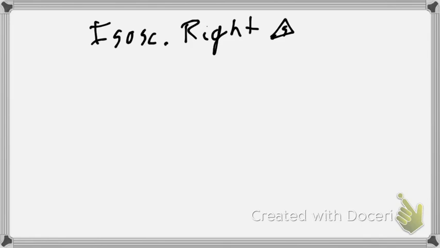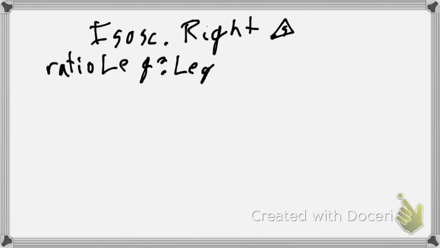Okay? So we know the ratio of leg to leg to hypotenuse is 1 to 1 to the square root of 2.